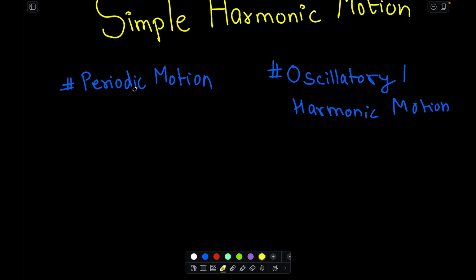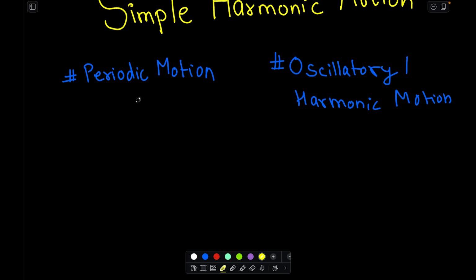So first, moving on with periodic motion, let's see what is periodic motion. Basically, periodic motion is a type of motion that you see when our earth revolves around the sun, right? So let's say this is our sun, and there is our earth right here.